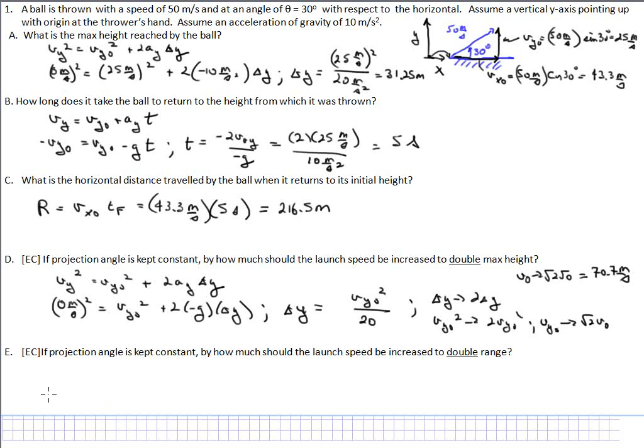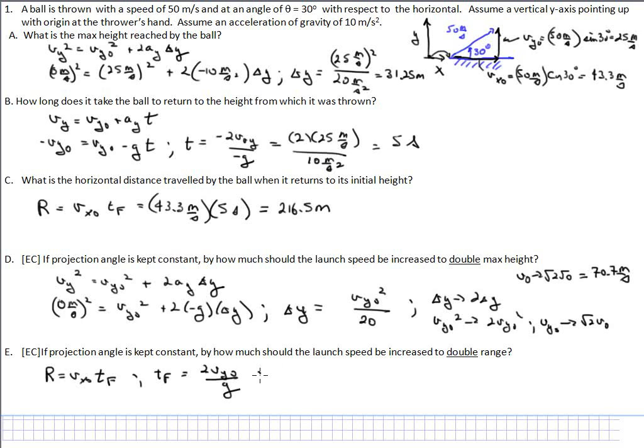For this one, I need to increase the range by a factor of 2. So I have R equals Vx naught times t, flight time, and I have t flight time equal to 2 Vy naught over g.